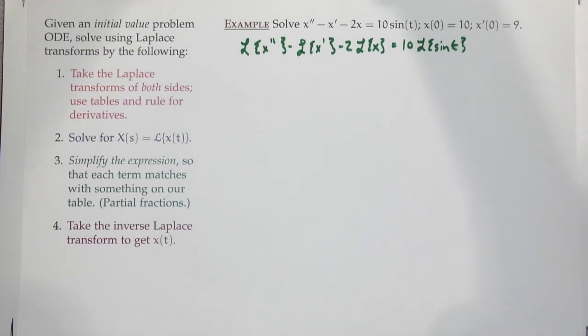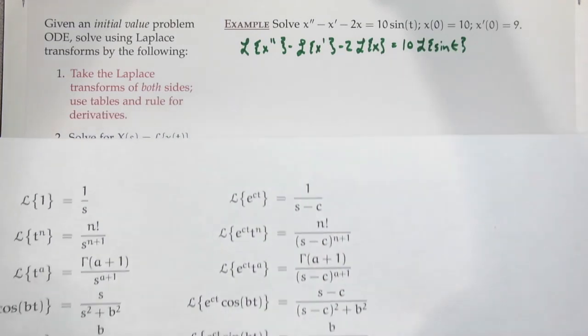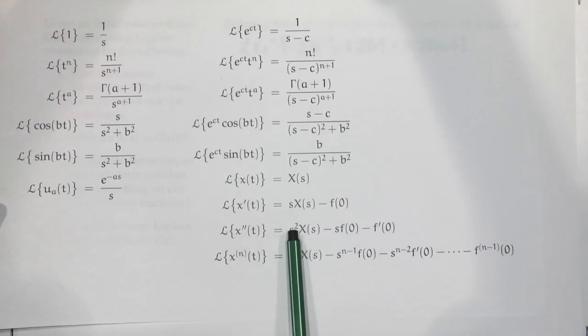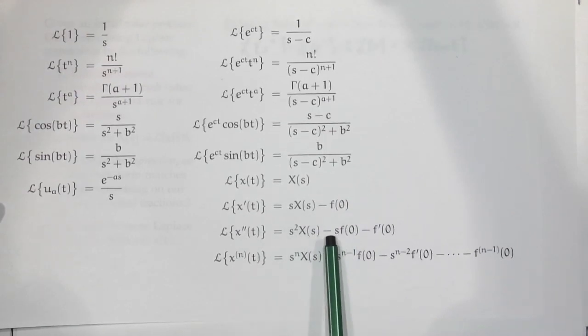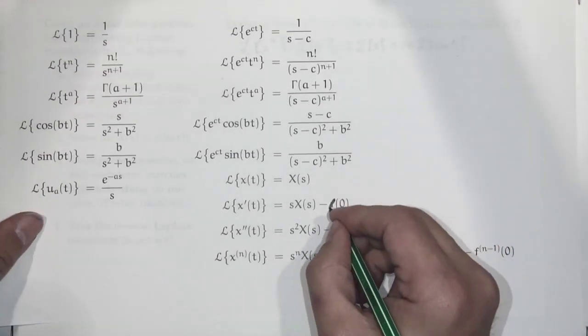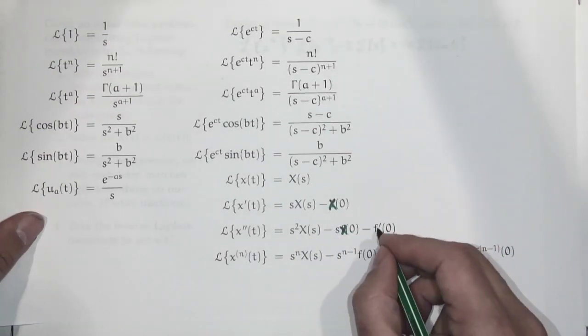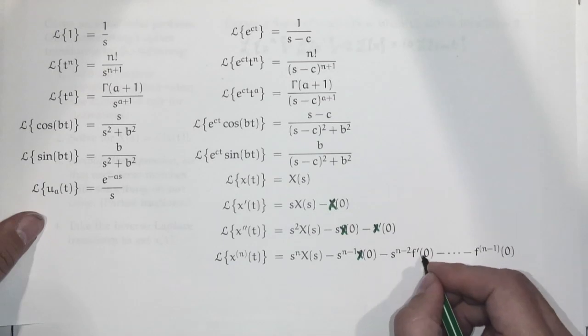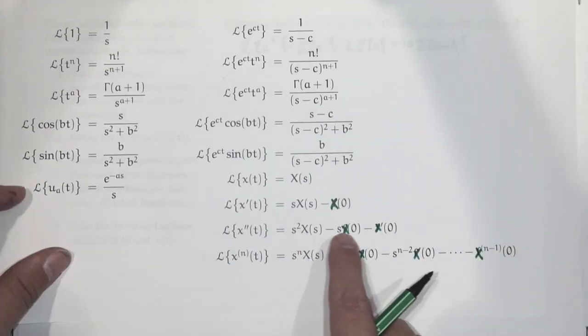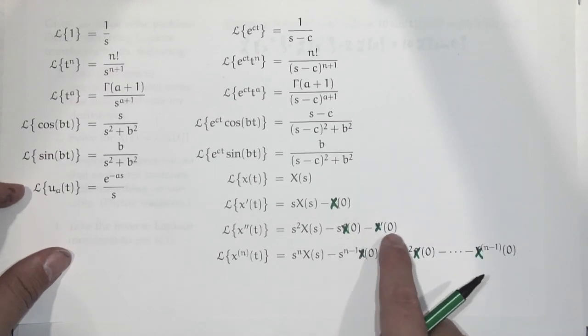And now we look at our table. If I want the Laplace transform of x double prime, that's s squared x minus s x0 minus x prime 0. I should have updated this chart. These should be x's here. I'm sorry, I forgot to update this.